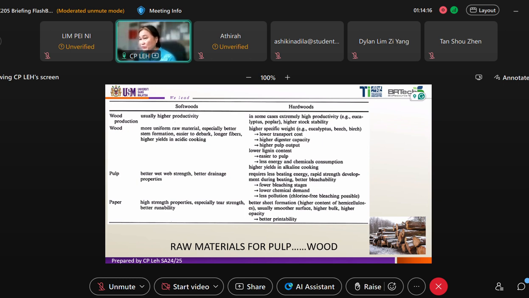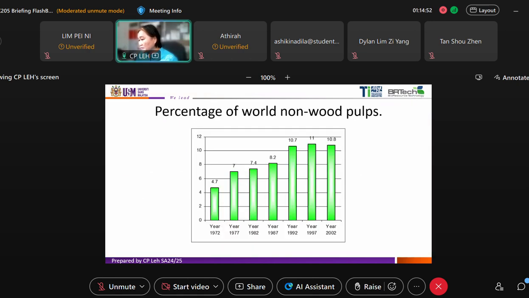We need more energy for beating in order to collapse the fiber and make better bonding. Softwood requires more beating energy, but since softwood has longer fiber, it can have higher strength properties compared to hardwood. You can have a look at these two materials, hardwood and softwood.